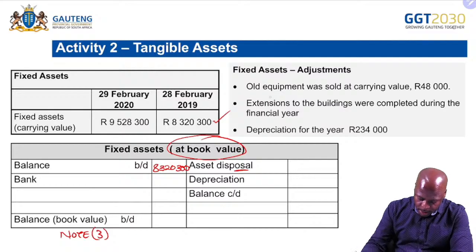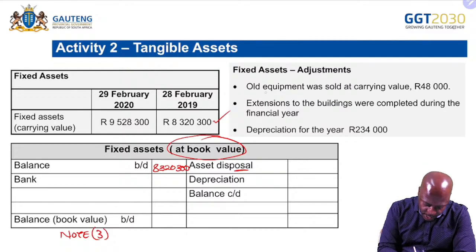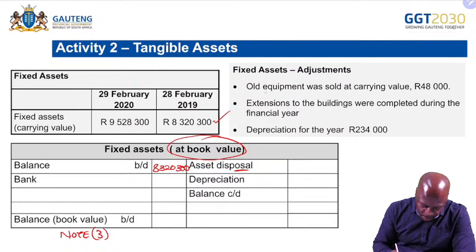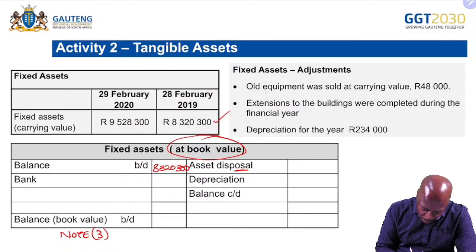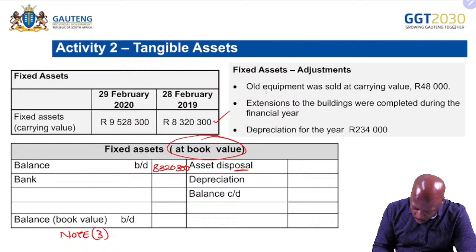And then, do I have a closing balance? Here it is, given. 9,528,300. So first it becomes my balance carried down, 9,528,300, which when I come down here is my balance brought down, 9,528,300. Because the credit side is bigger, I'm going to add my credit side.